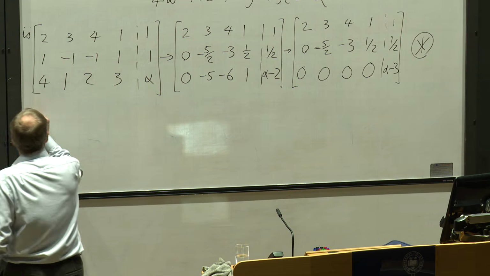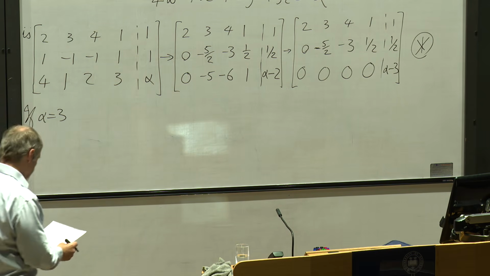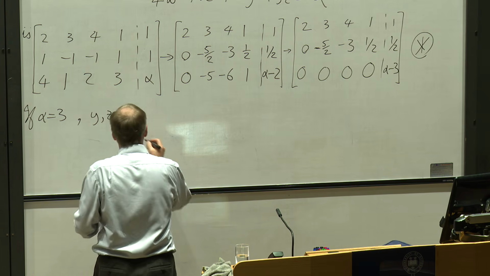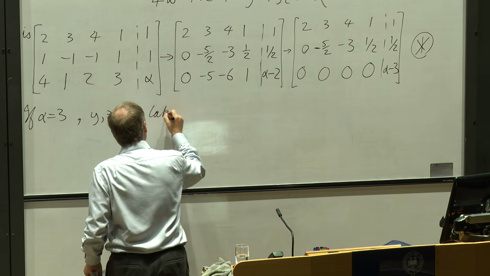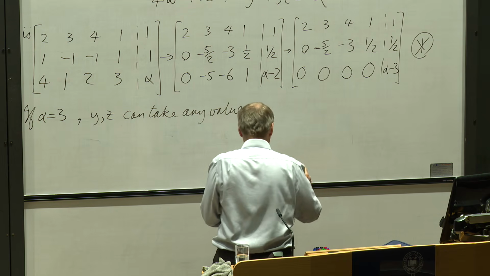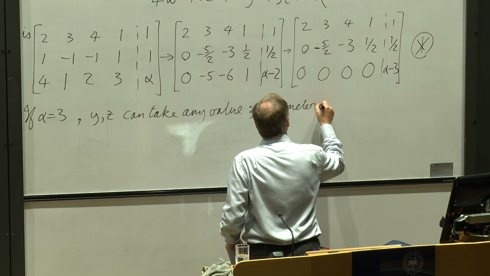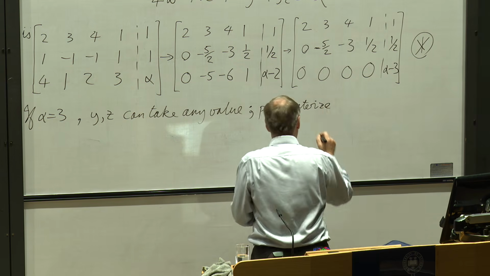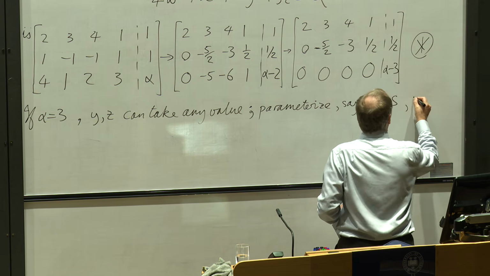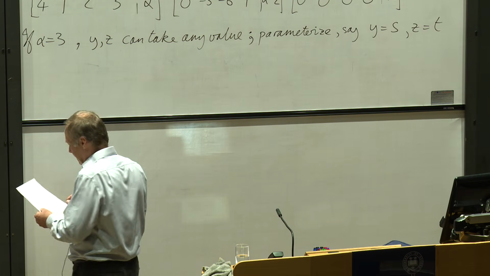Okay? So first of all, if alpha is equal to 3, then y and z can take any value. Okay. So I'm going to parameterize. I'm going to say put y is equal to s and z is equal to t. Okay. And then, what do I get?